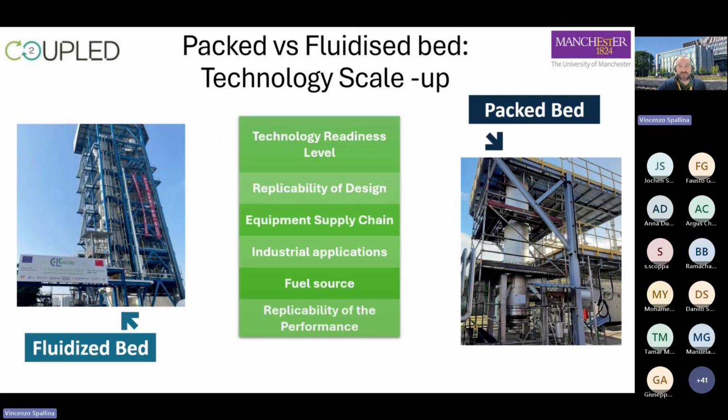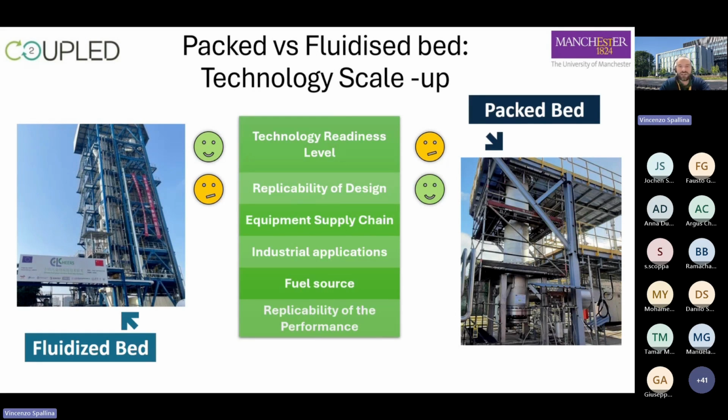This also reflects in the scale up. In terms of technology readiness level, fluidized beds have already been built and tested up to 3 megawatt scale. On the other hand, the replicability of the design is not that easy, while for packed bed reactors, this applies much more easily.